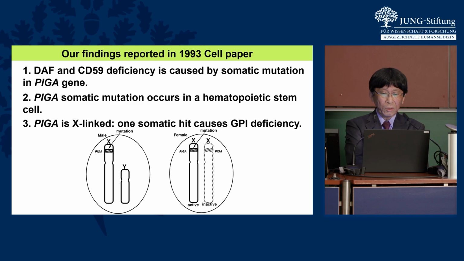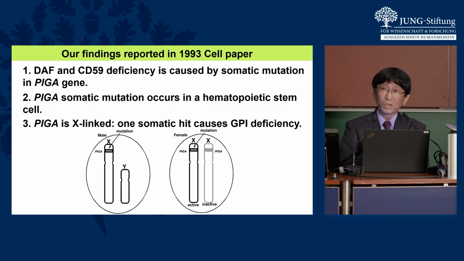So in the 1993 Cell paper, we reported three things. It is known that DAF and CD59 deficiency is found not only in red cells, but also in granulocytes and lymphocytes, but only in the blood cells.